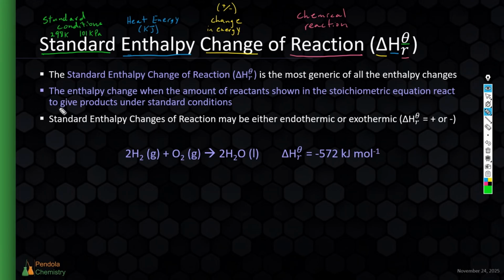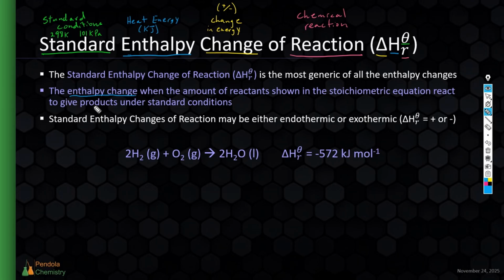So the first part is how these are all going to start: the enthalpy change. Now, this always needs to be in your definitions. Either the enthalpy change or the heat energy change needs to be part of your definitions. Why? That's what we're defining. We're defining the standard enthalpy change of reaction, right? So it is the enthalpy change.